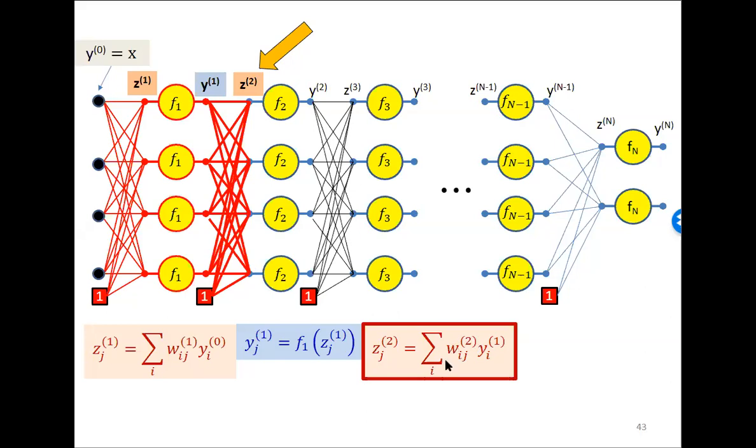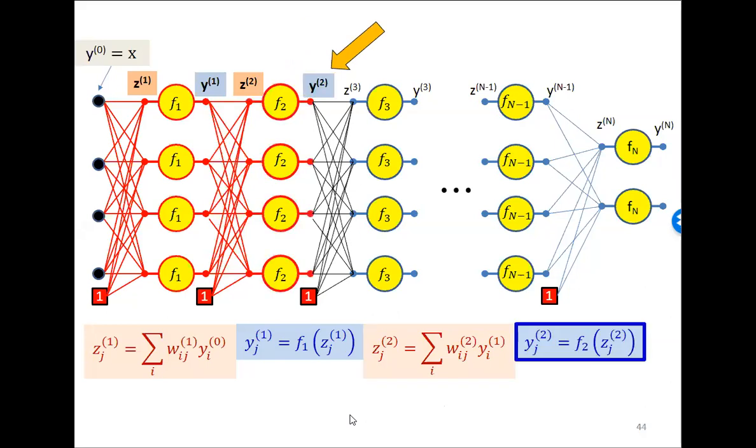And now, of course, you're going to be using the weights for the second layer neurons. And once you've computed these affine values, you can pass them all through the activation functions, and you will obtain the outputs of the neurons in the second layer.